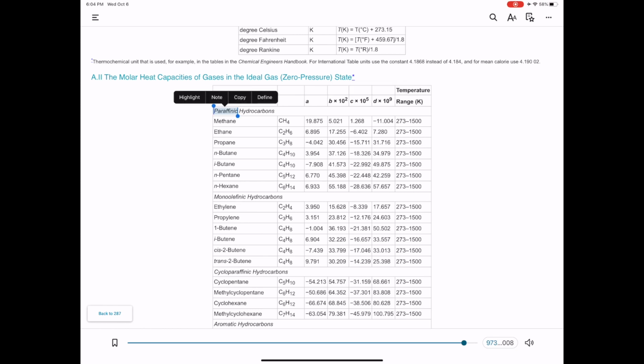That's just so all the values fit on the same table. So our A parameter is just 19.875, but our B parameter is not 5.021. It's actually 5.021 divided by 10 to the 2. So just make sure to punch in the correct number when you're using these ideal gas coefficients.